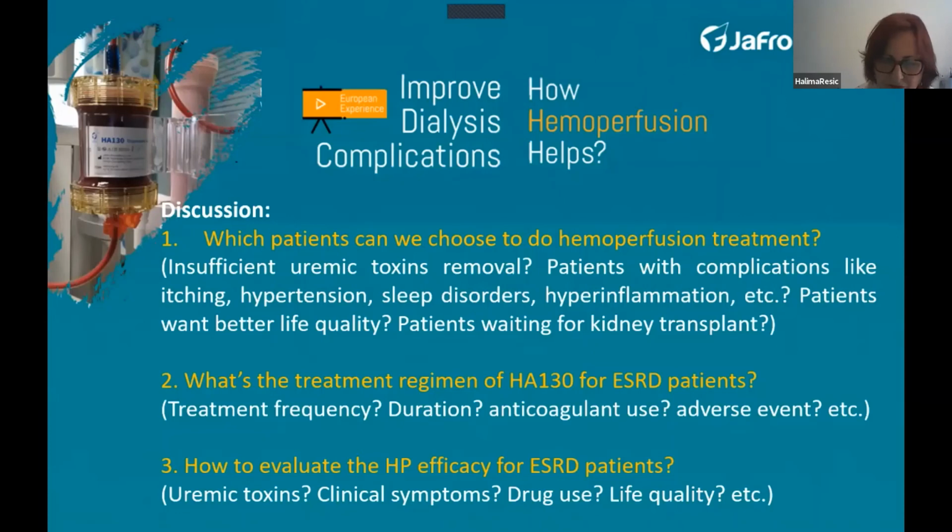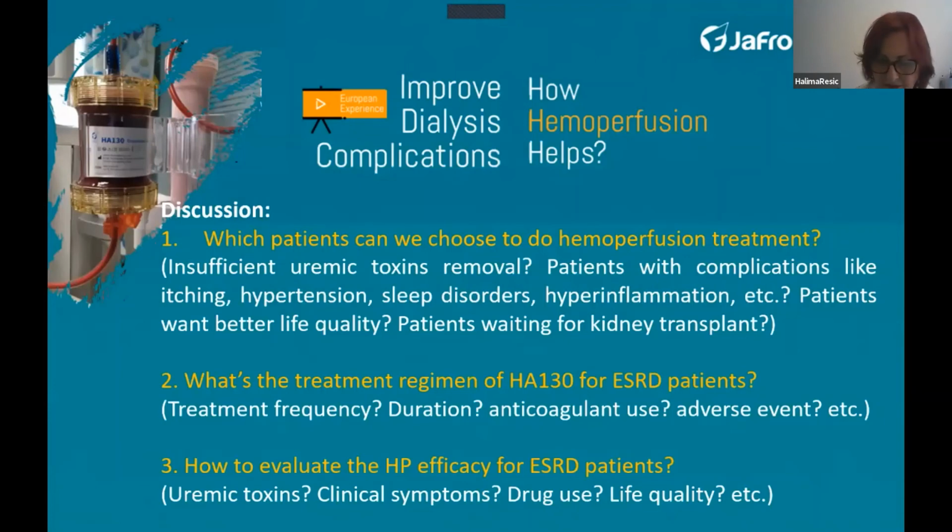I think the most important thing is that the quality of life is better, especially since we know the demographic characteristics of our patients in Bosnia and Herzegovina: we have 40% of patients over 75 years old. So Alma presents that quality of life and sleeping disorders are better, and I think that is very important.